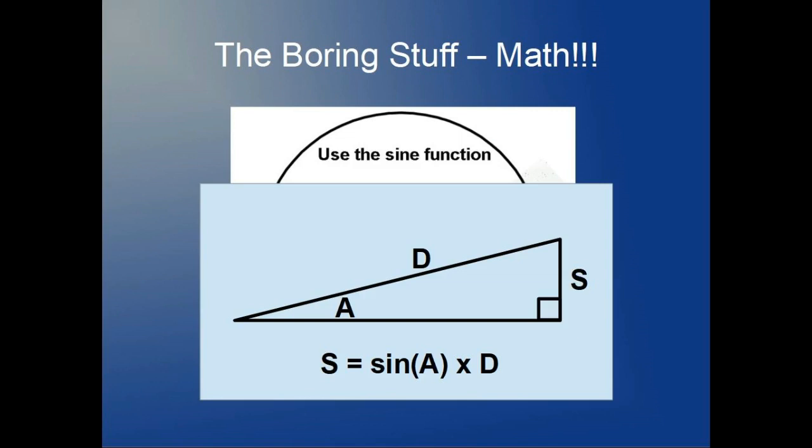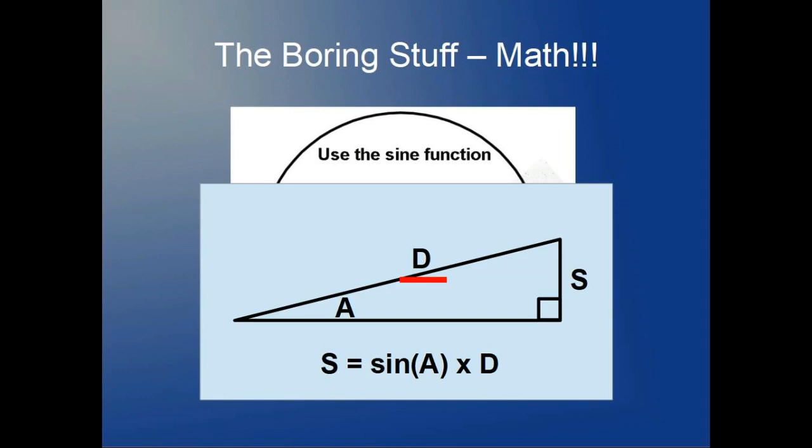Now, if you remember your high school math, you'll know that if you start with a right-angled triangle, and you know the size of one of the other two internal angles, like angle A here, you can easily calculate the size of the side opposite the angle, here side S, by using the formula sine A multiplied by D, where D is the length of the longest side of the triangle.